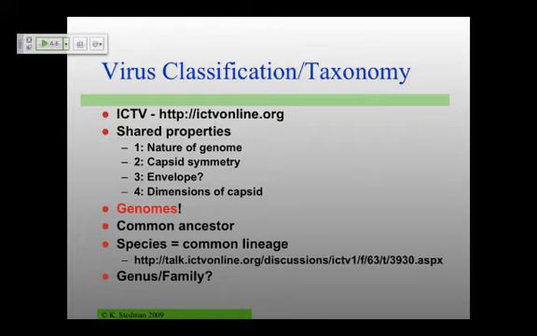So what kind of genome it has, the symmetry of the capsid, is it icosahedral, is it helical, is it something else, whether or not it's enveloped, and how big the capsid is. So those are the really main criteria that are used by the ICTV in terms of classifying viruses.